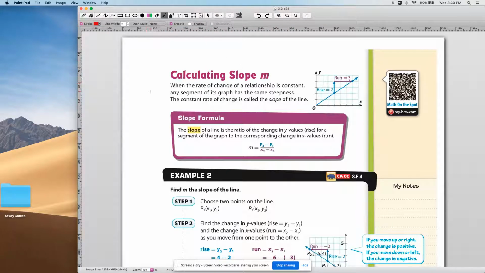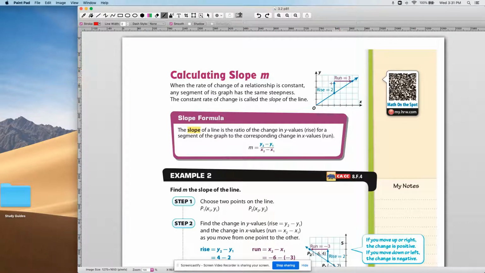And that's what we were talking about in the earlier one, where we could look for hours 1 and 3, or 2 and 4, or 6 and 3, or 6 and 1. You're always going to get the same rate of change. And that actually is the slope of a line. So the rate of change is the same as the slope of a line.